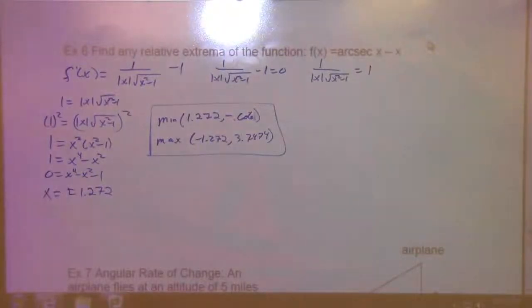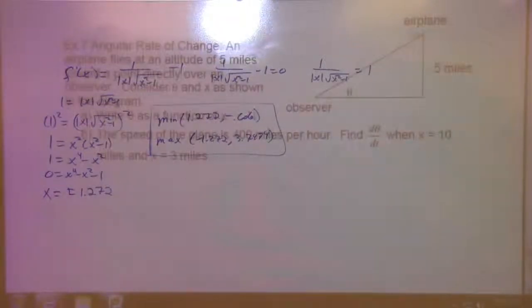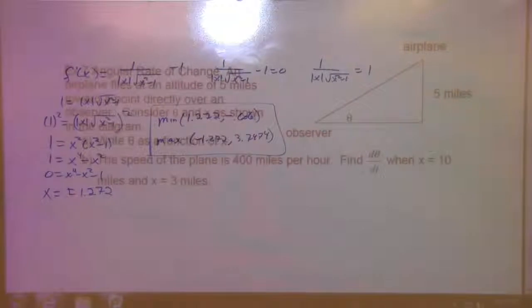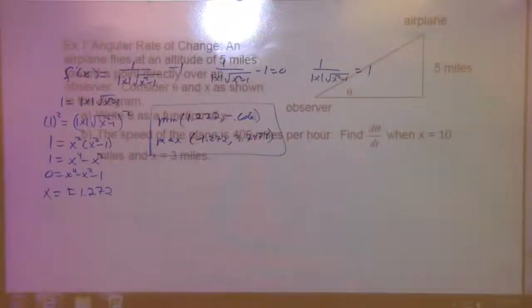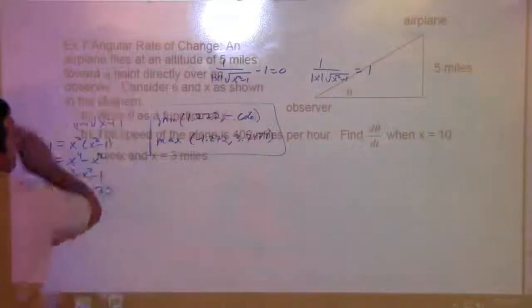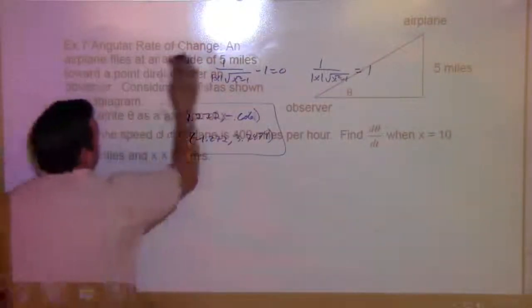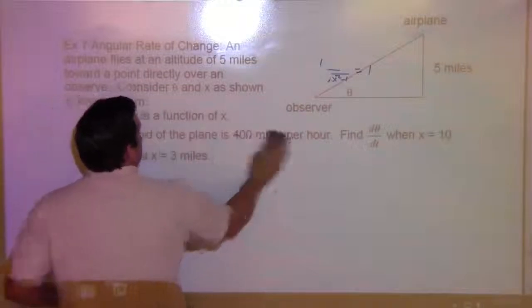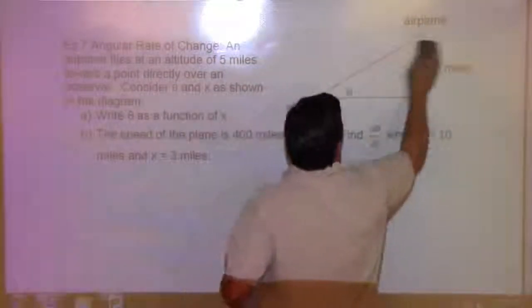I'm going to go on to the last problem then. Angular rate of change. An airplane flies at an altitude of 5 miles toward a point directly over an observer. Consider theta and x as shown.